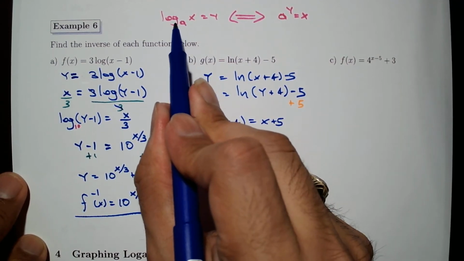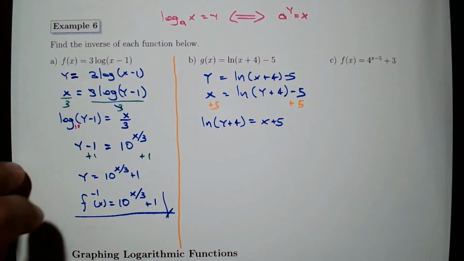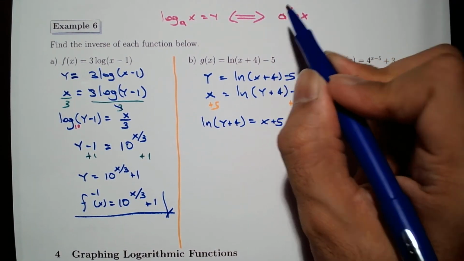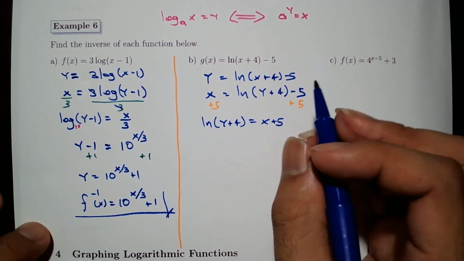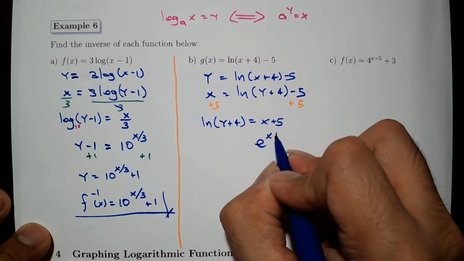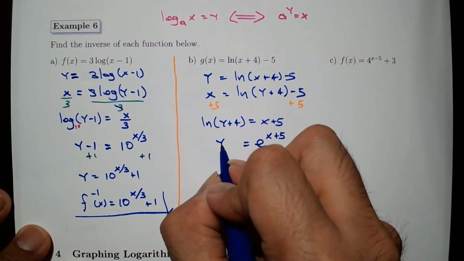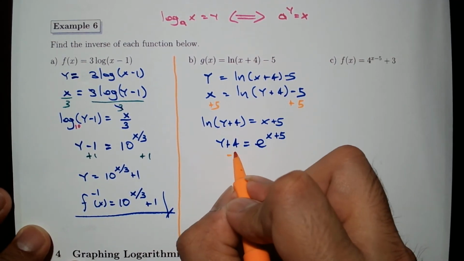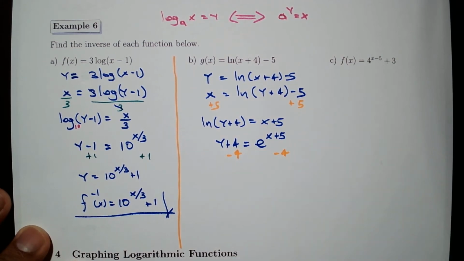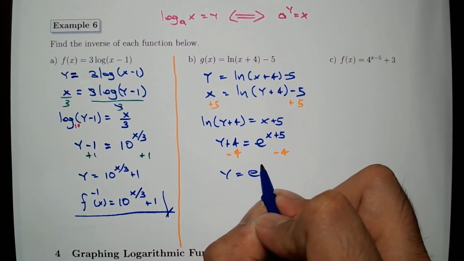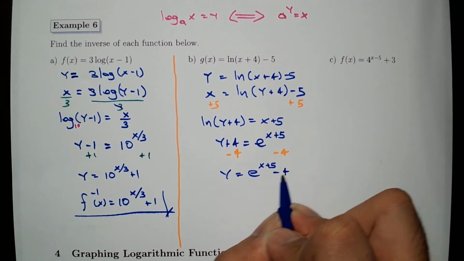Then go from logarithmic form to exponential form. In this case, this ln implies a base, the letter e, Euler's number. So e to the x plus 5 equals y plus 4. And finally, all we do is subtract 4 from both sides to get y equals e to the x plus 5 minus 4.